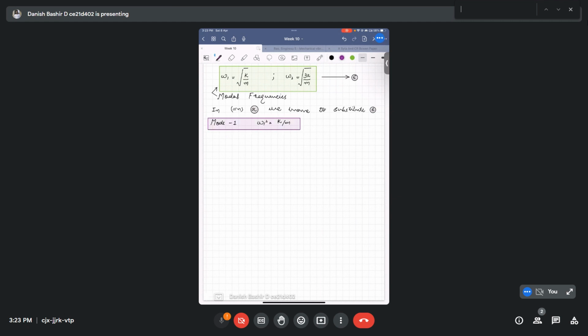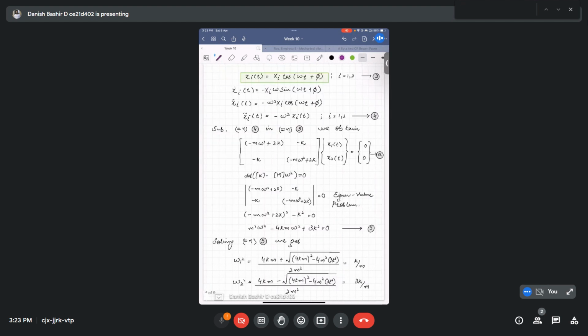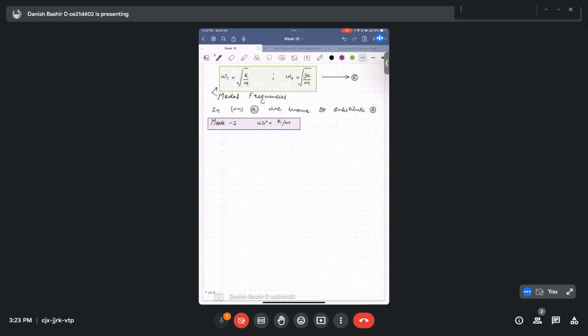Okay, so we have this is equal to k by m. So this will be equal to, minus m k by m plus 2k, minus k, minus k, minus m k by m plus 2k.